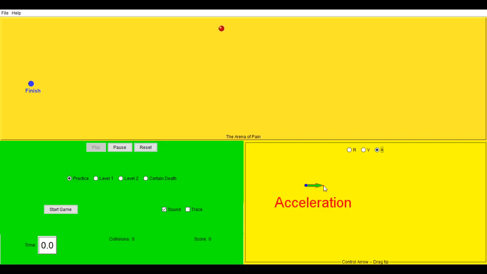Another attempt. As you can see, the object stopped and it goes back again. That is decreasing speed.